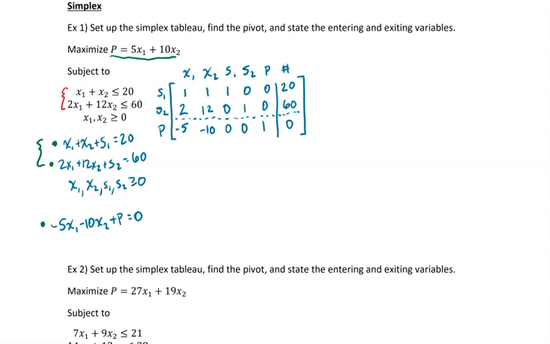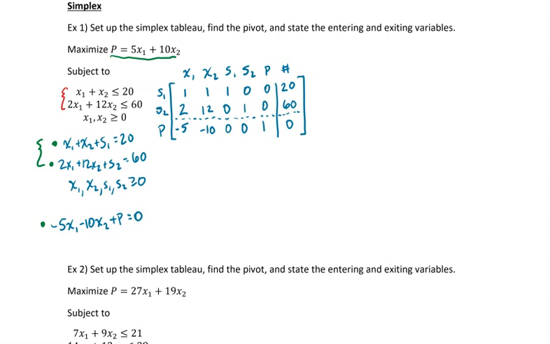Okay, so remember I said there were those basic variables? The basic variables are actually shown right over here. Right now our basic variables are S1, S2, and P. Those are the only ones that actually have any type of value currently.